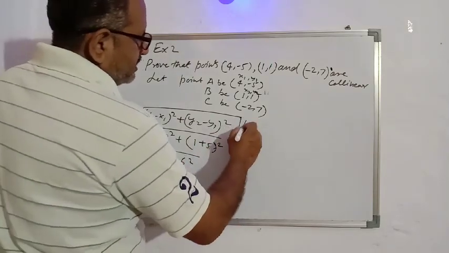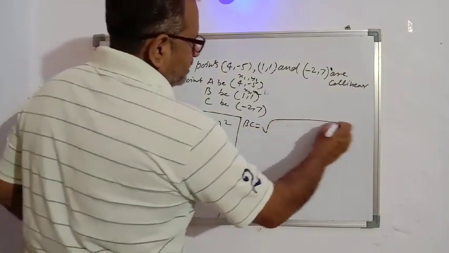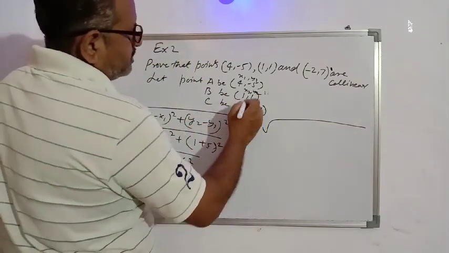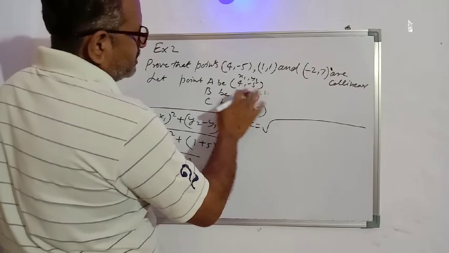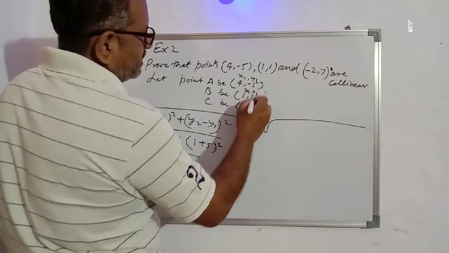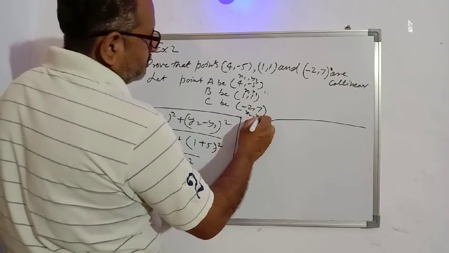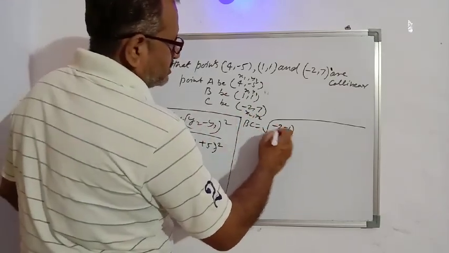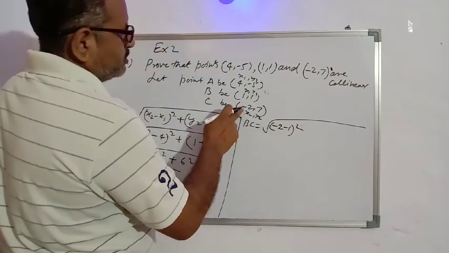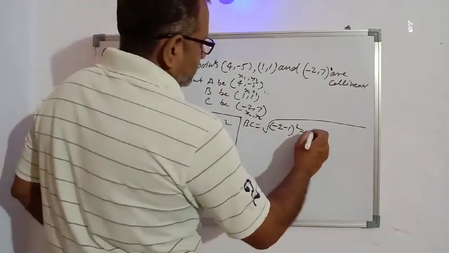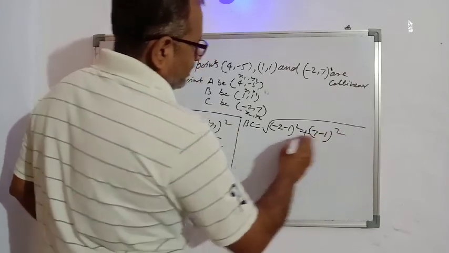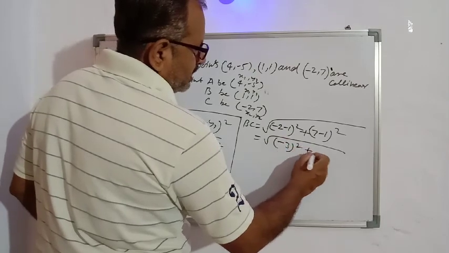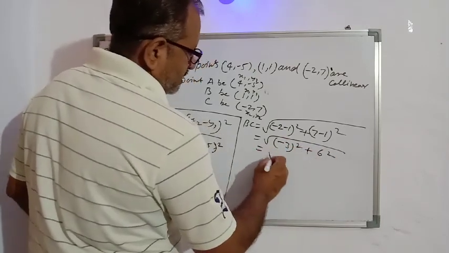So now find BC. Again the same formula, x2 minus x1. For BC, suppose this one is x1, y1 and C is x2, y2. So x2 minus x1: (-2 minus 1) whole square plus (7 minus 1) whole square. -2 minus 1 is -3, whole square. 7 minus 1 is 6, square.